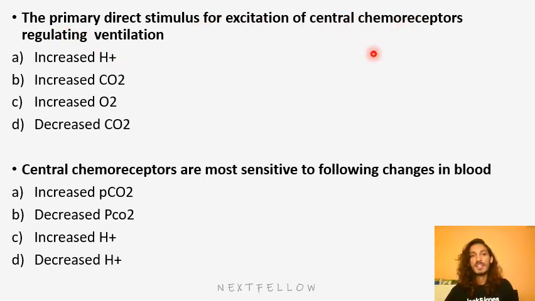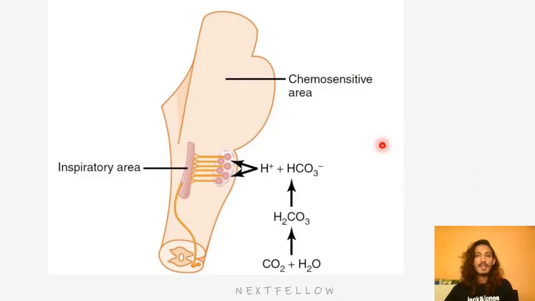This is about the central chemoreceptors. Okay, what is the direct stimulus? What changes in blood is it sensitive to? So all these questions. So these chemosensitive areas are in the medulla actually, in the medulla ventrolateral.